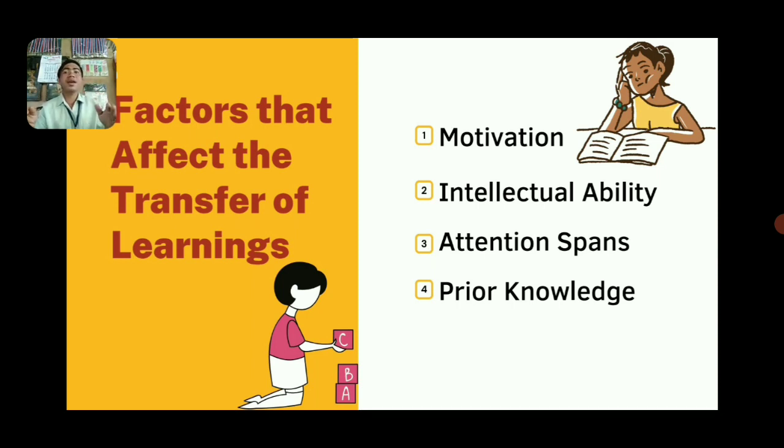We'll increase it by letting them know the relevance of the topic to their life, to their daily living, to their future career, and what the impact of this topic is to their life as a student and as a human being in this world. So by that procedure, there will be an increasing level of motivation in the learners.